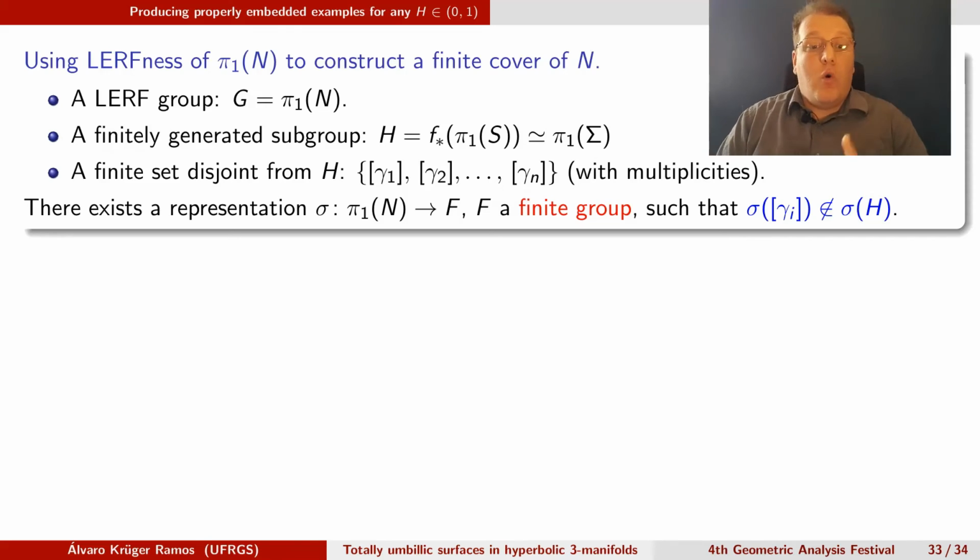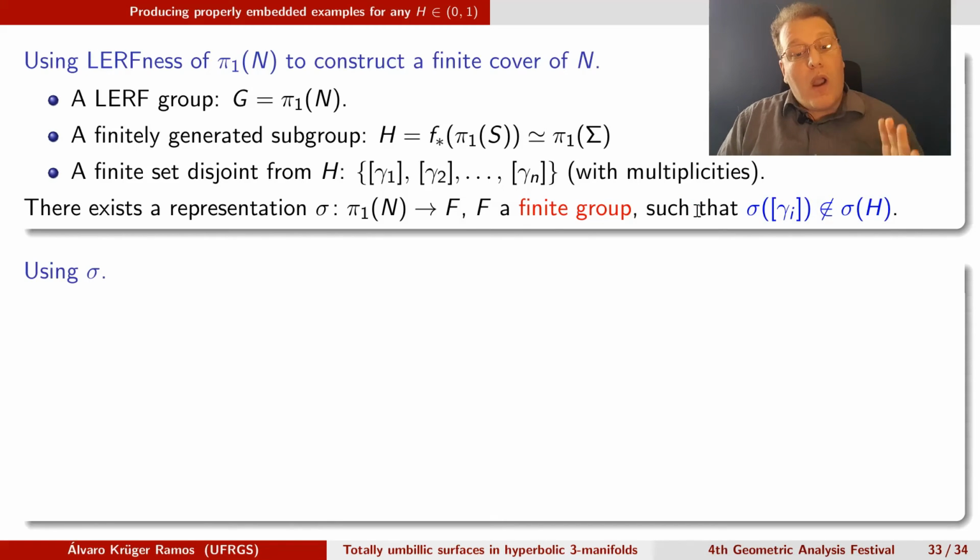Okay, so we can use LERFness to separate this set from this group, and you find a representation sigma from pi1 of N to F, where F is a finite group, and we know that the images are disjoint.